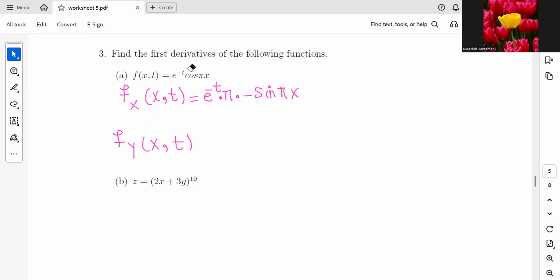So this is the fastest way. For the second part, with respect to y, we don't have y here, so it will be with respect to t. Pick the part that has t in it, which is this part. So the derivative of this part is negative e to the power negative t times whatever is left.